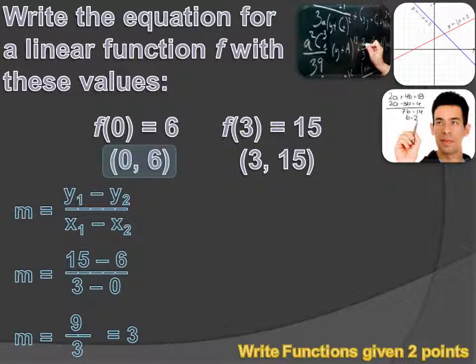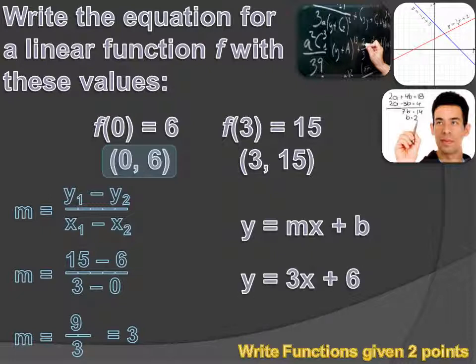Well, one of the points that we know has an x value of 0, the point 0, 6. So we know that 6 is b, or our y-intercept. Well, now we know that m equals 3 and b equals 6, so the equation y equals mx plus b can be changed to be specific for these points, and y equals 3x plus 6.